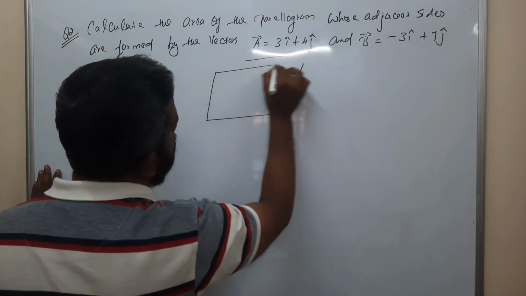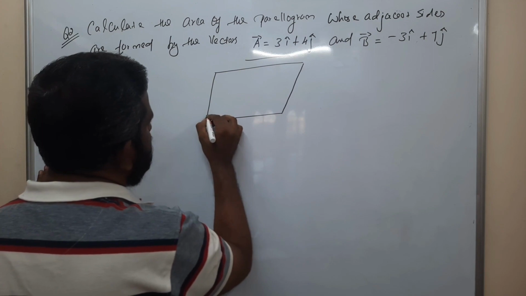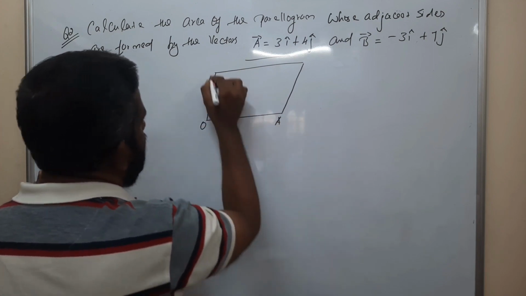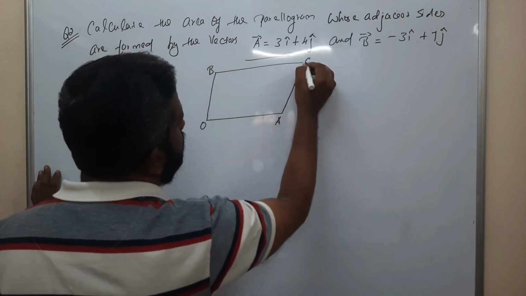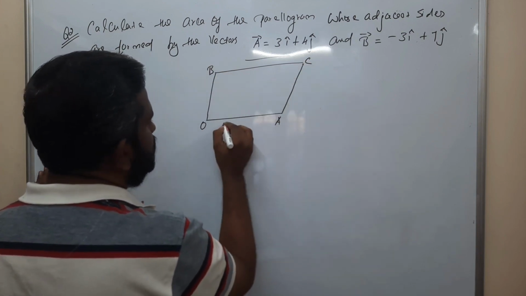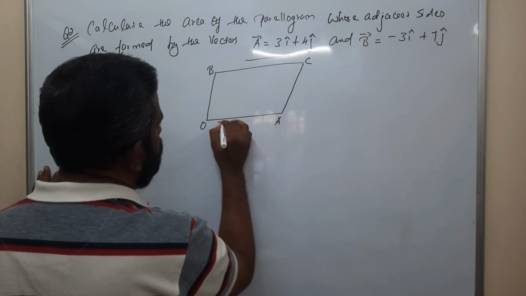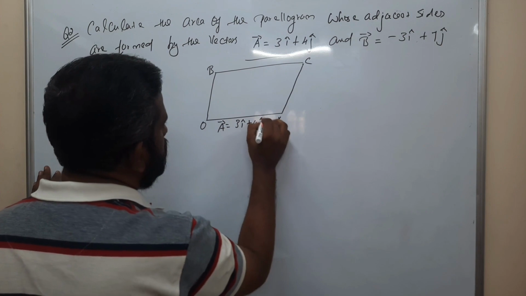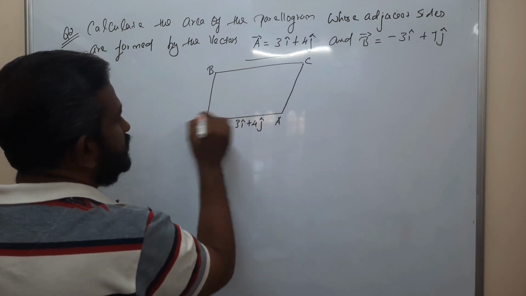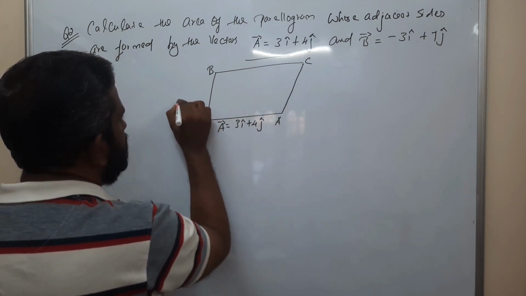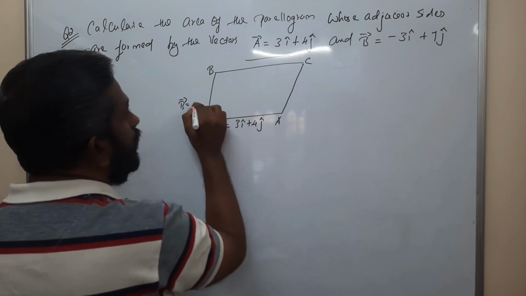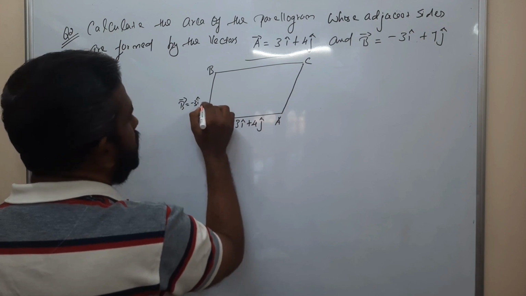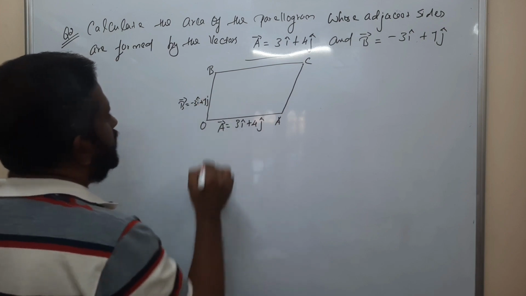Okay, so two adjacent sides are formed by this, that is, this is O, A, B, then C. This is A vector, equal to 3i cap plus 4j cap. And this side is B vector, equal to minus 3i cap plus 7j cap.